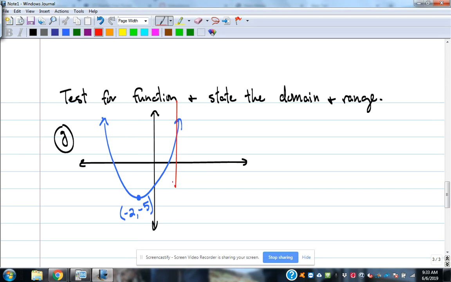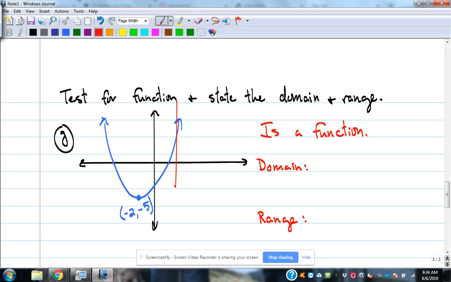Maybe right there, still only touches in one spot. So it looks like no matter where I place that vertical line, this is going to pass. So this is a function. Let's take that and state the domain and the range of this particular graph.